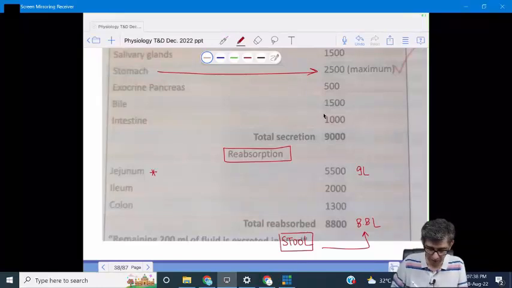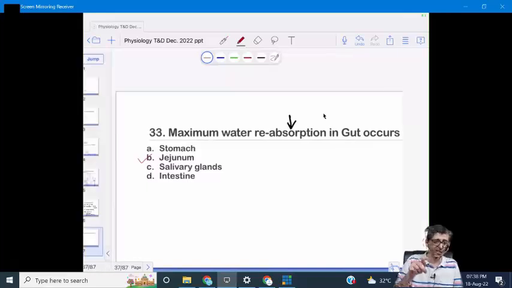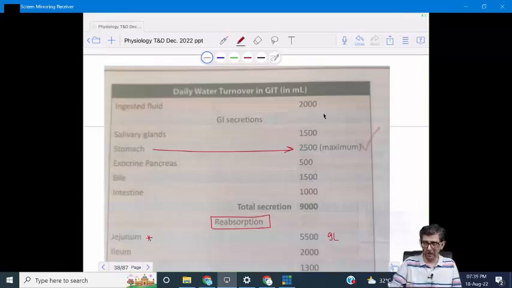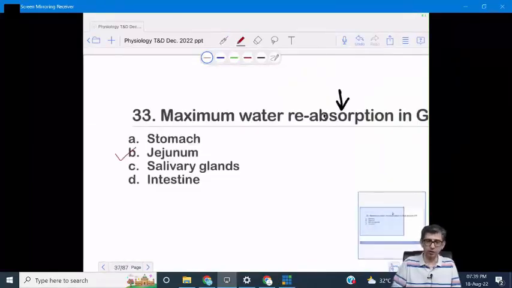The correct answer for this one would be option number B. If you select between D and B, the answer would be B. And if the question were where maximum water secretion is occurring, the answer would change once again, because as I showed in this table, the maximum water turnover would be present in GI secretions, where that would be stomach. Answer to 33 is option number B.